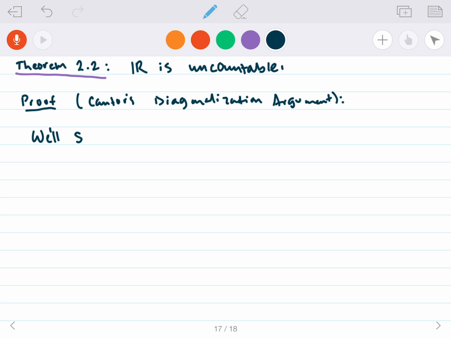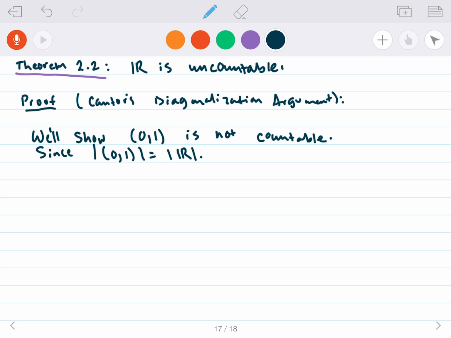We'll show [0,1] is not countable. Now, in a previous slide, we showed that the cardinality of [0,1] is the same as the cardinality of the reals. So if we can show that [0,1] is not countable, then we know that the reals aren't countable either.